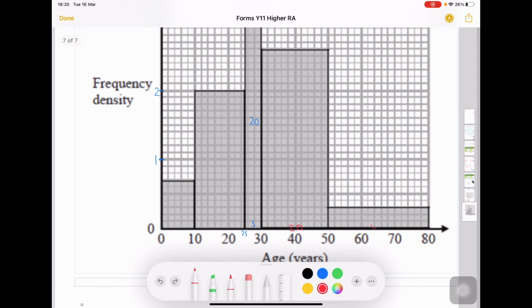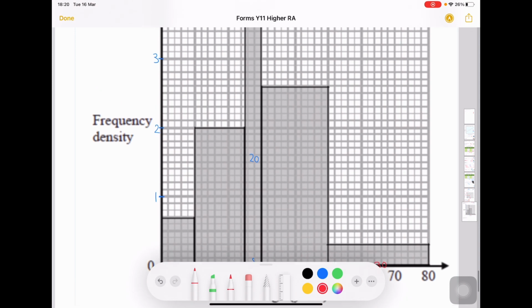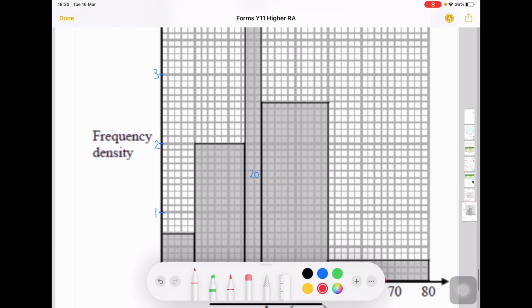Let's just write 30. Alright, so the frequency density for the fourth bar is here. Okay, let's see, 2.6.